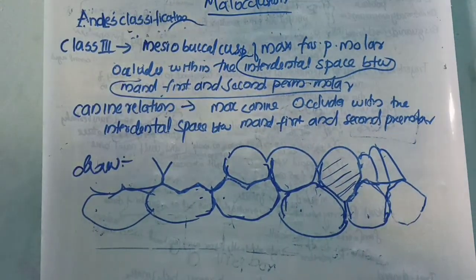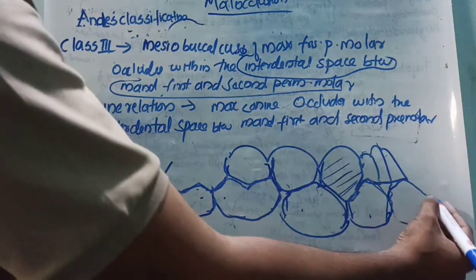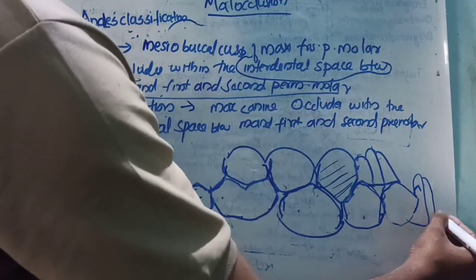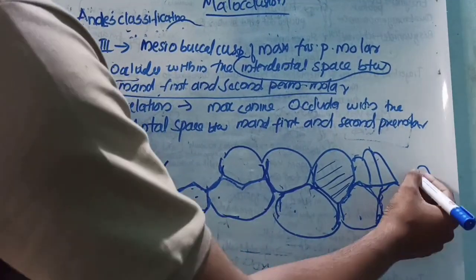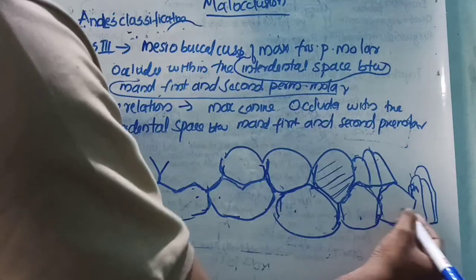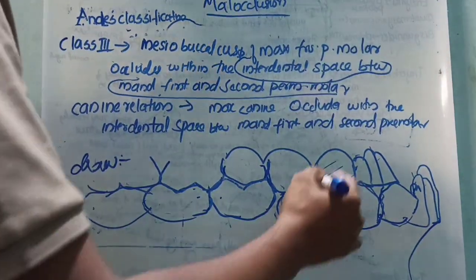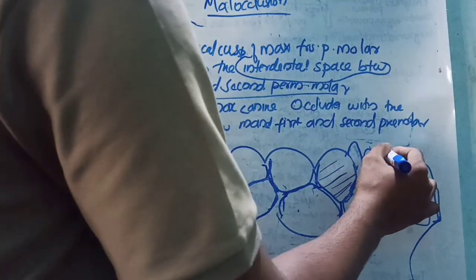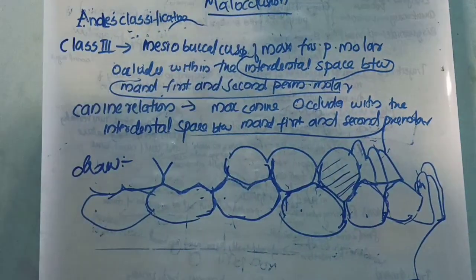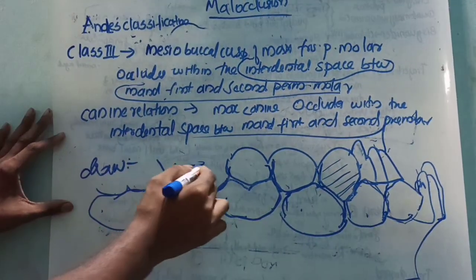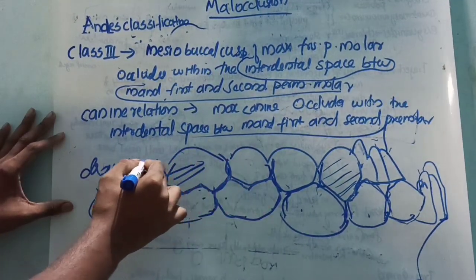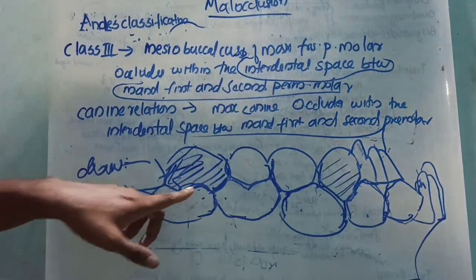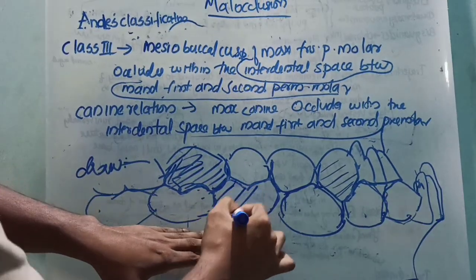We know that in class 3 the mandible is protrusive, so the lower incisor comes here. Draw neatly. And mark the first molar, occluding in the space between the mandibular first and second molars.